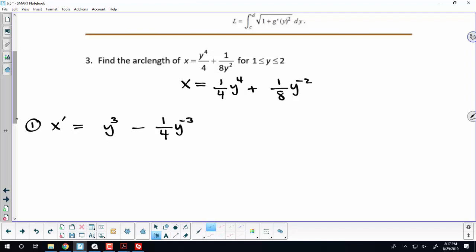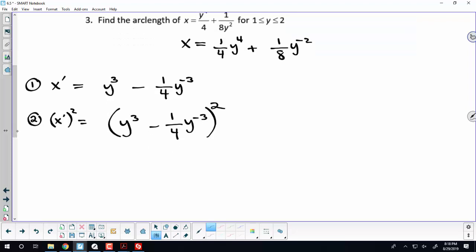So now we've got to take that and square it. So we're going to take x prime and square it. I'll just write this out explicitly and then we can look at it squared. So there's x prime, we're going to square that. And there is a simple way to know if we're dealing with perfect squares, and we'll look at that.